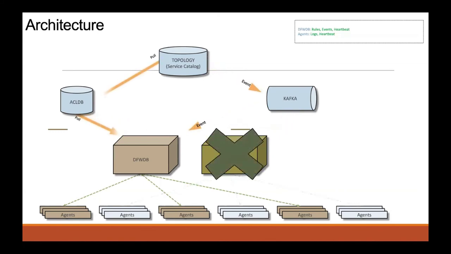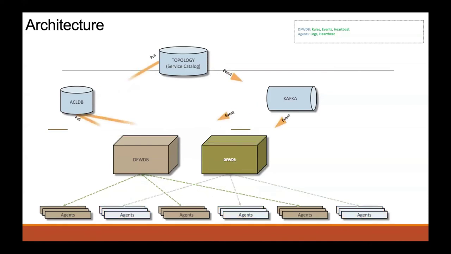In the event one of the DB instances goes down, the agents are clever enough to move to the next healthy instance of the DB. And when the DB instance is back online, the agent will connect back to its primary server. All this happens via heartbeats. DB sends heartbeats to the agent, and agent sends heartbeats to the DBs. So this is the high level architecture of DFW.